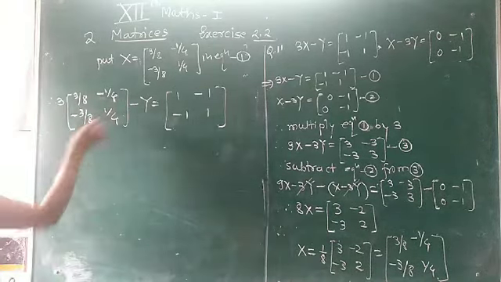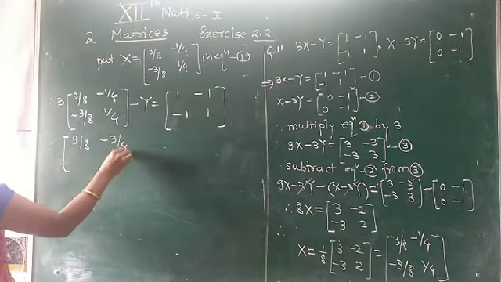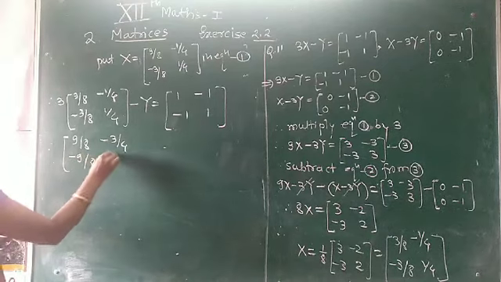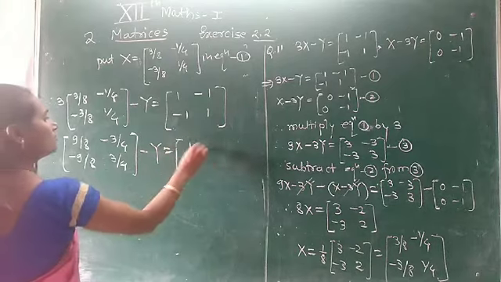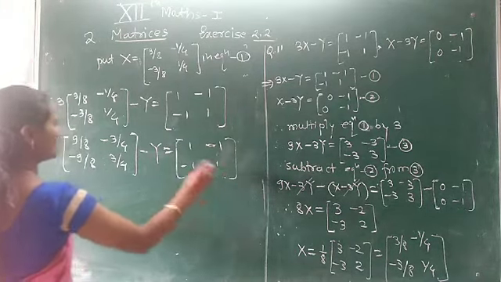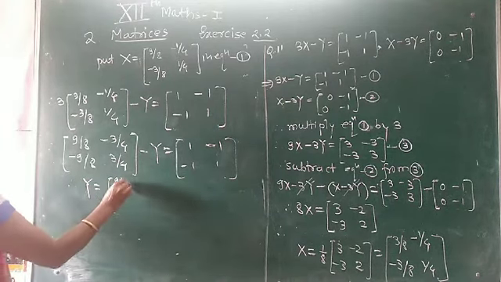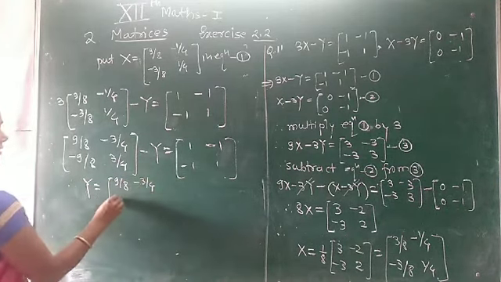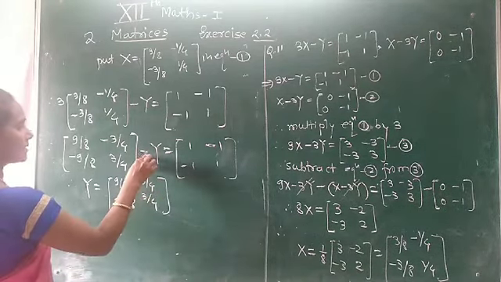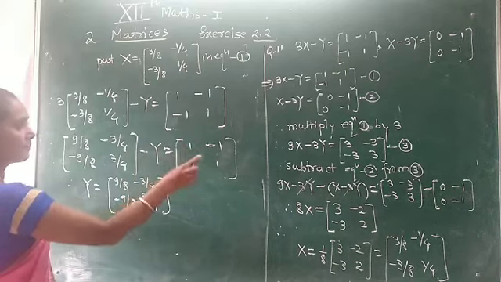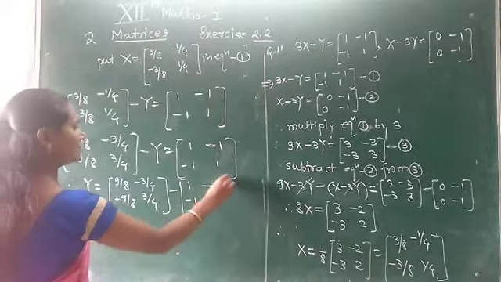Now first multiply, therefore 9 upon 8 minus 3 by 4 minus 9 upon 8 plus 3 by 4 minus 1 is equal to 1 minus 1 minus 1 1. This matrix is minus, so on the right it becomes plus, and on this side it is minus 1 minus 1 minus 1 1.